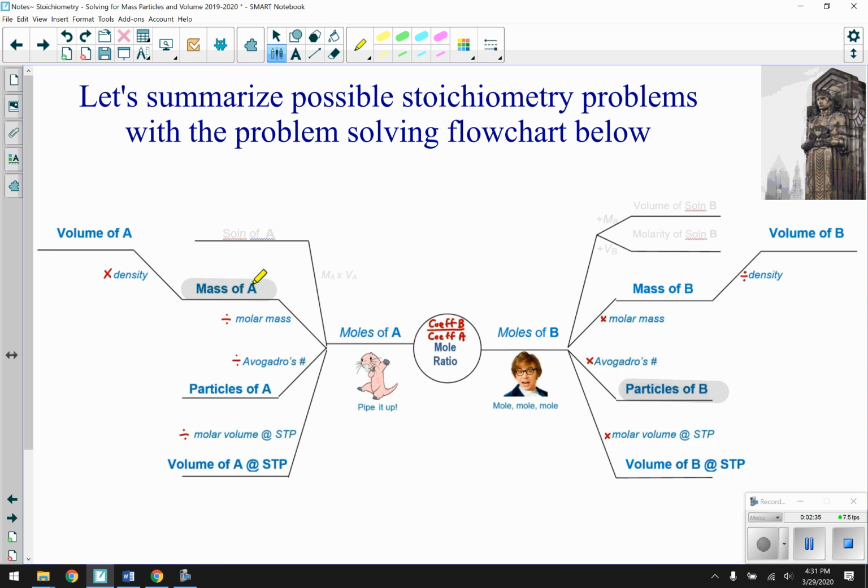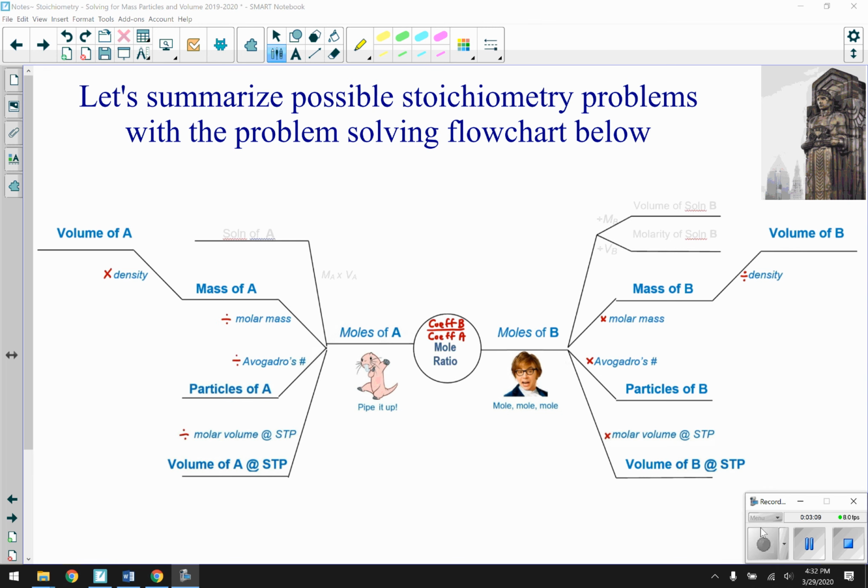Again, the first step is moles of A, and to get to moles of A, you would divide by the molar mass of A. Once you have moles of A, you apply the mole ratio, the coefficient of B over A. When you're done with that step, the units that are left are moles of B. If you have moles of B and you want to find particles, you go from moles to particles with Avogadro, and you multiply by Avogadro's number to get particles of B.